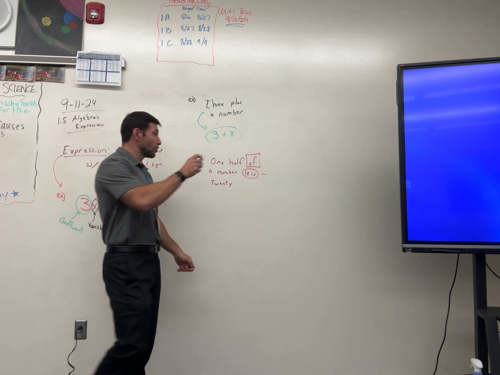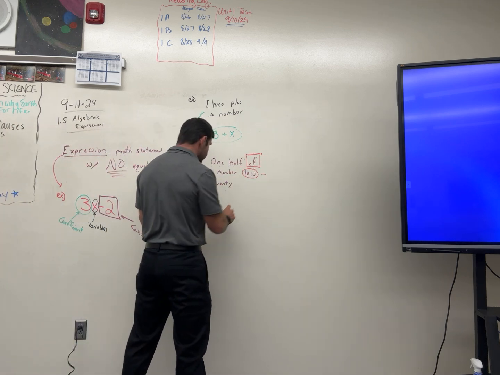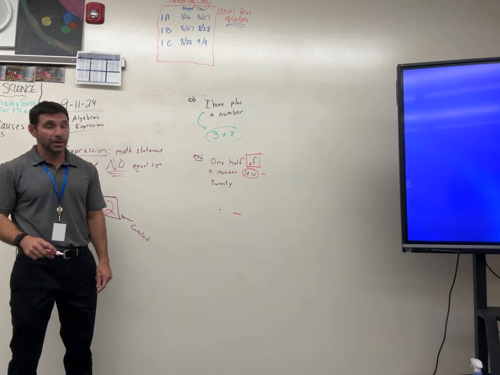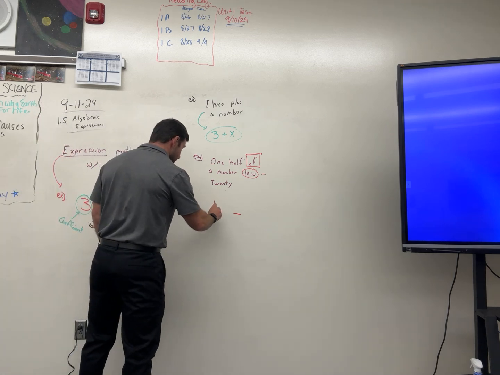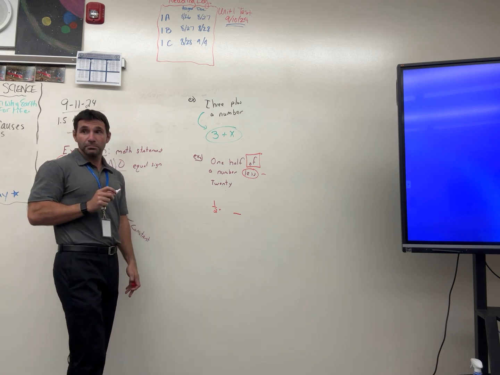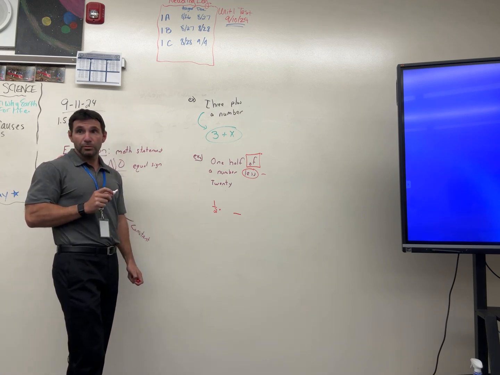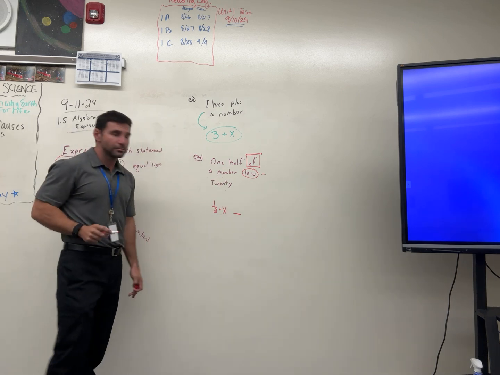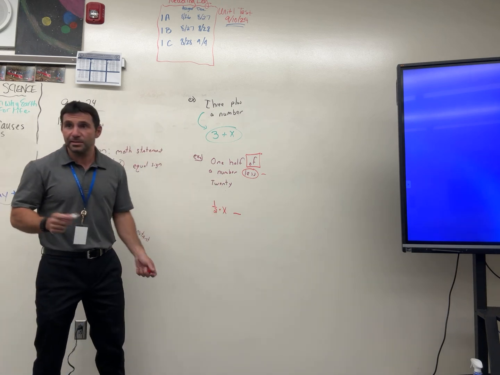Multiplication. Very good, multiplication. So I know I have multiplication and subtraction. So it's 1/2 multiplied by what? X. Oh, sure, of x. Does it have to be x? No. Less, which is the minus, what?